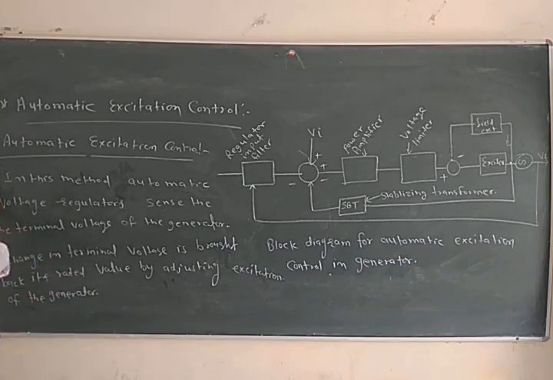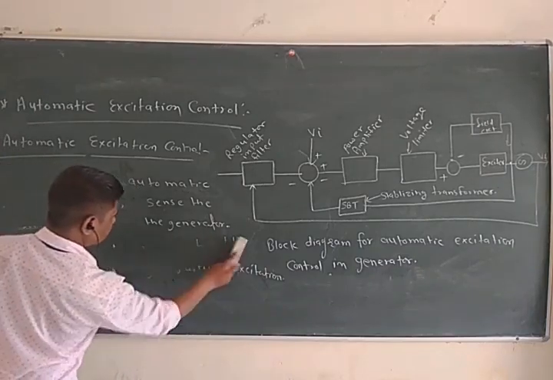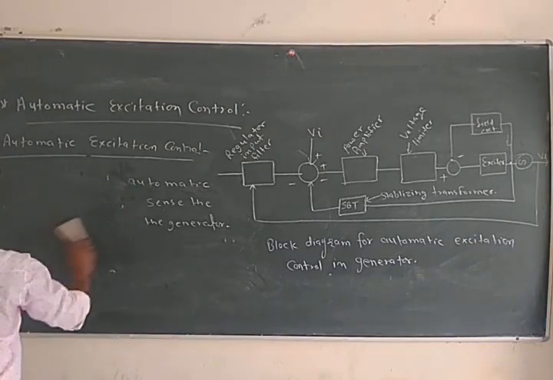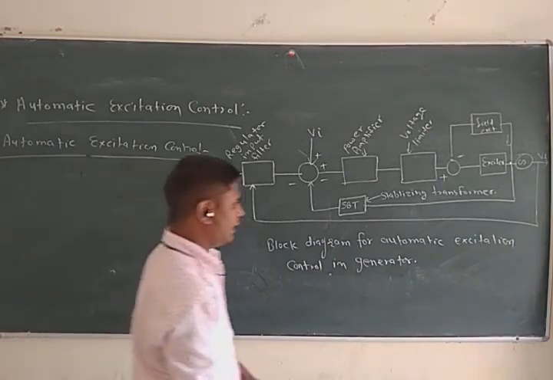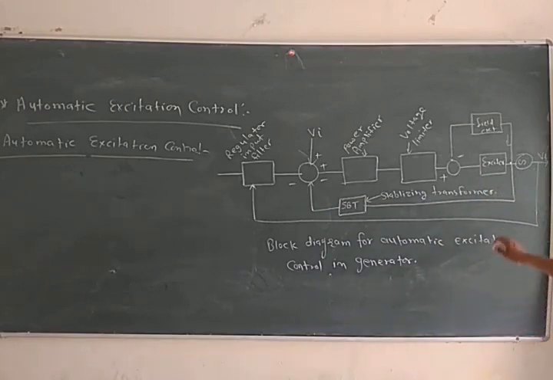Next is the working of this automatic voltage controller. Now we can understand from this diagram. Here we discuss excitation control of an alternator using voltage regulators.